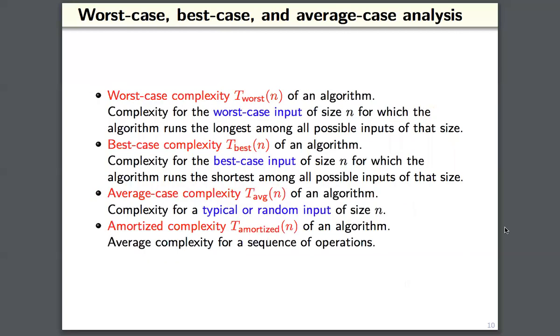Okay. Before we look at order of growth, we should also look at the different cases: worst case, best case, average case analysis. What is the meaning of this? Worst case, best case, average case.